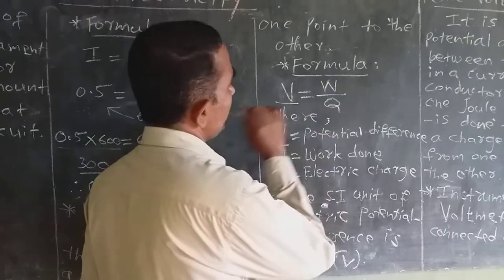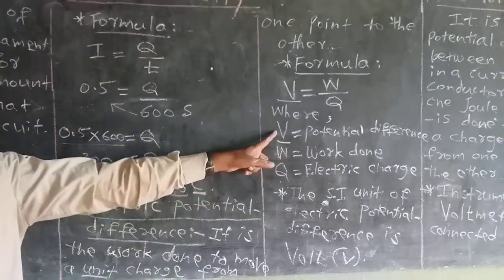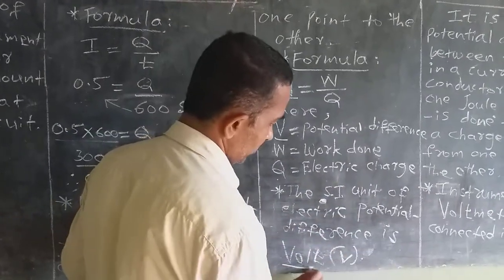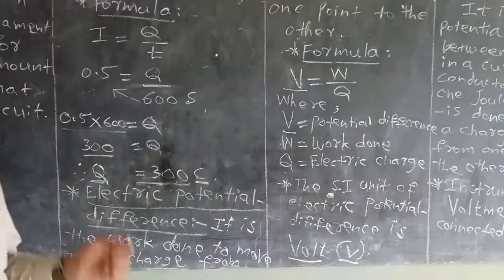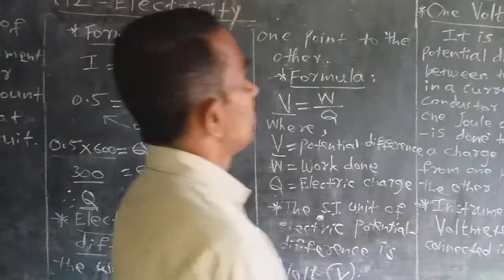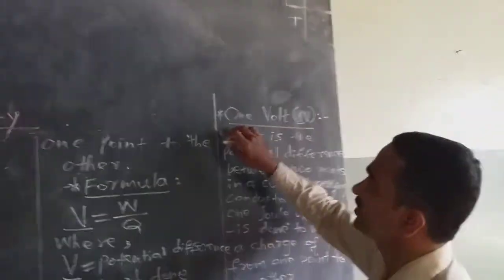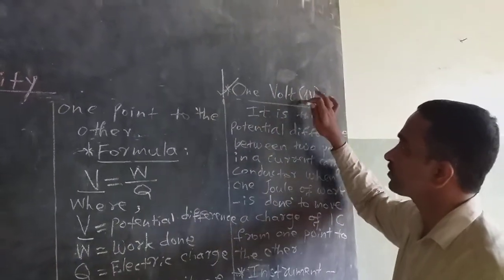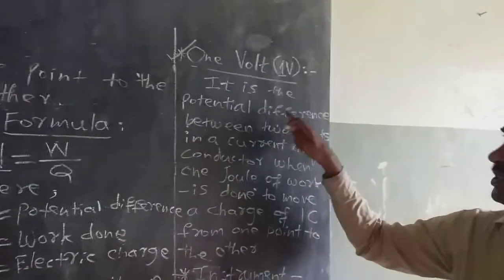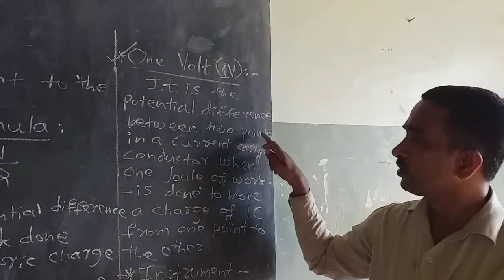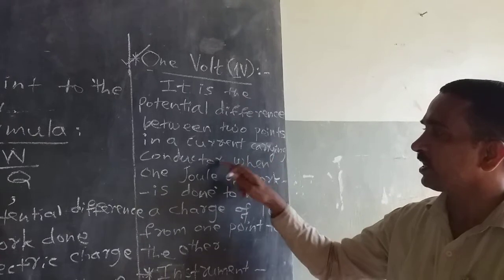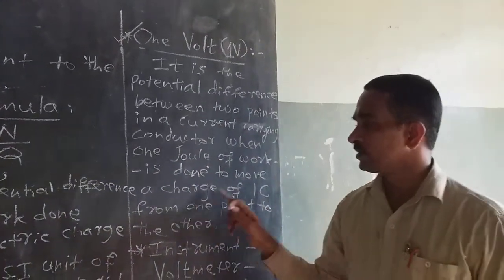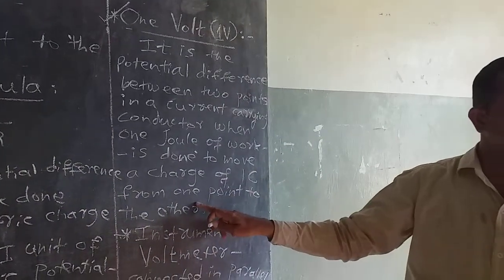Then V is the potential difference because the SI unit of electric potential difference is volt. Volt means the symbol becomes V. Then we have to define the SI unit of electric potential difference, that is 1 volt. 1 volt is the potential difference between 2 points in a current carrying conductor when 1 joule of work is done to move a charge of 1 coulomb from one point to the other.